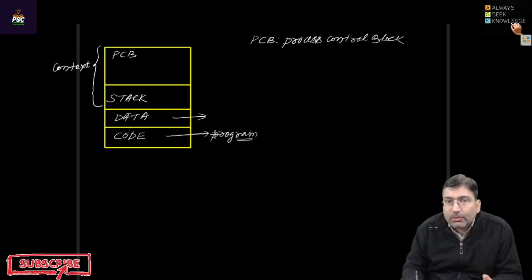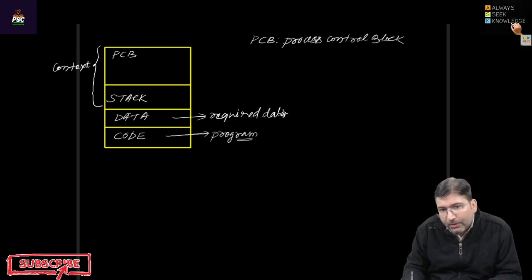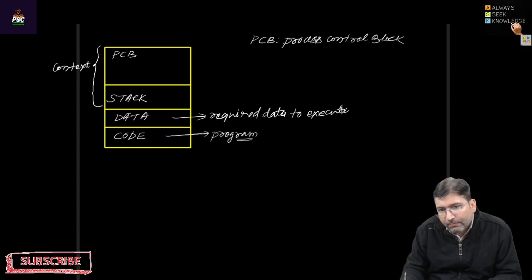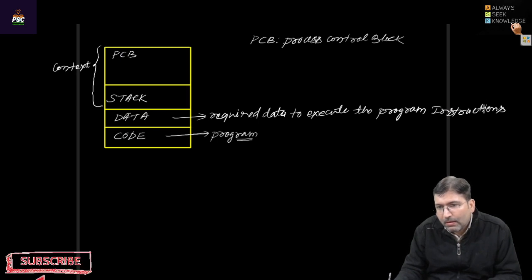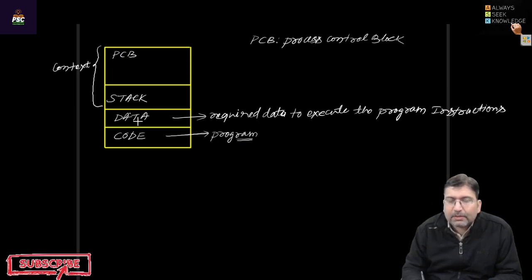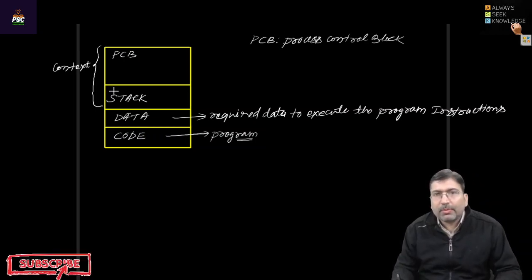Data is the required data to execute the program instructions, or to operate on the code. So it is that particular section. You can remember this.